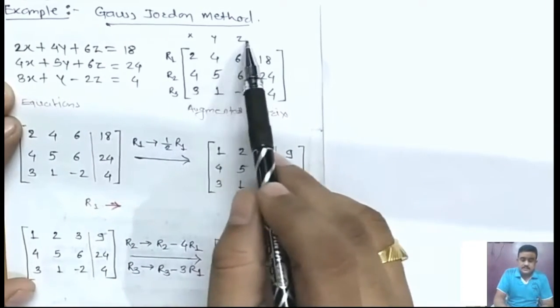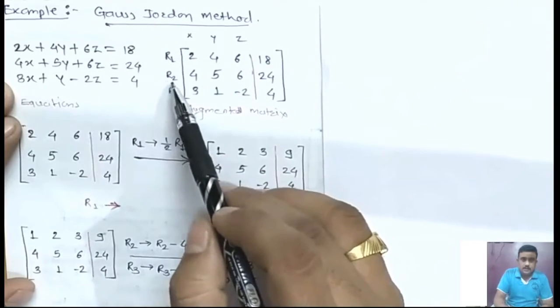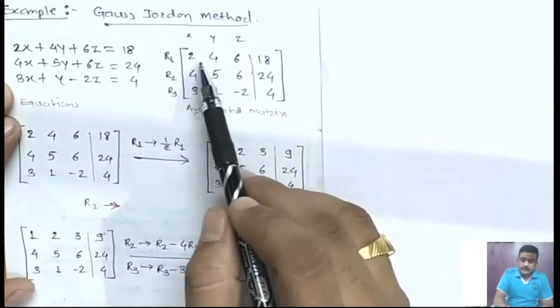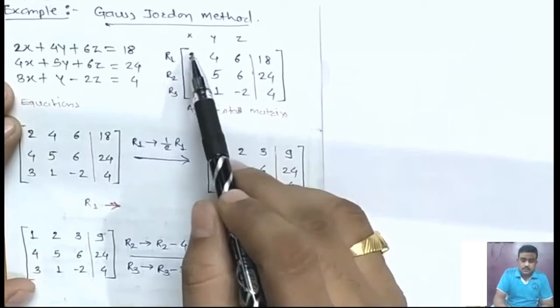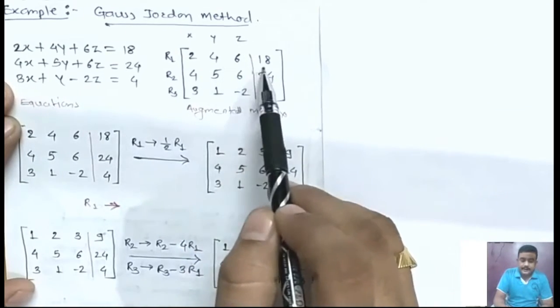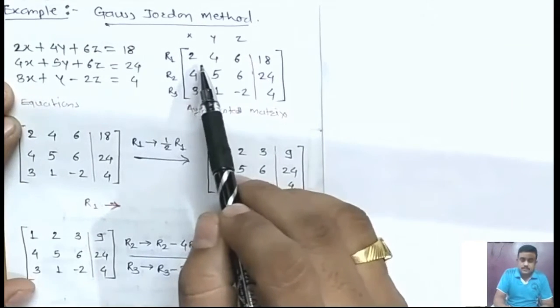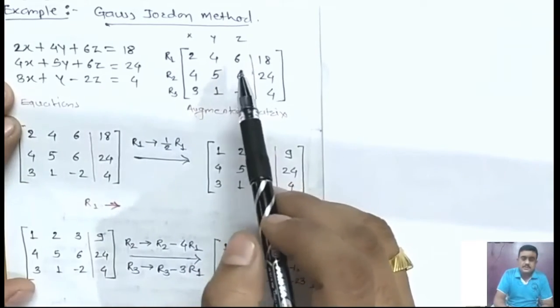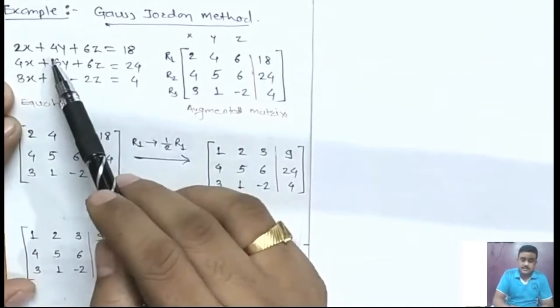These are three columns x, y, z, and these are three rows R1, R2 and R3. The values in the first row are 2, 4, 6, 18. These are the coefficients of x, y, z in the first equation.